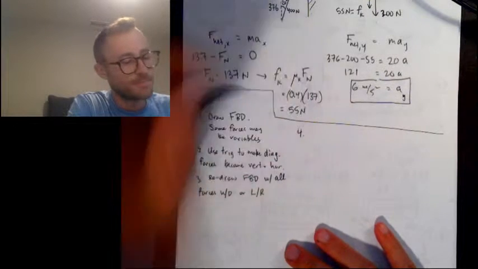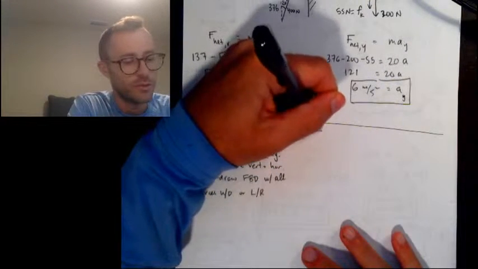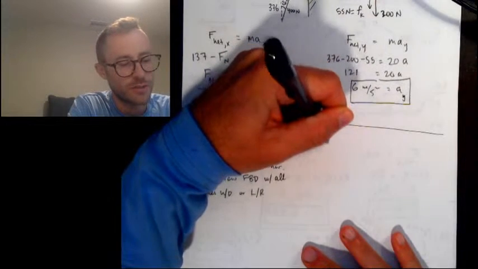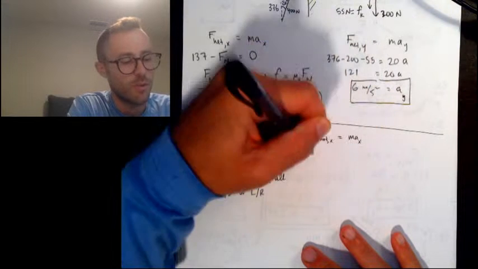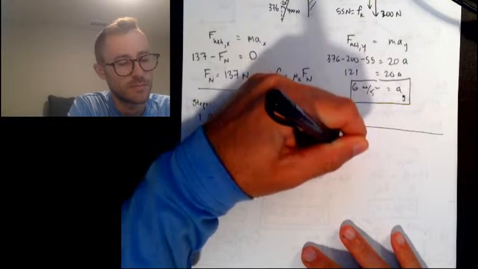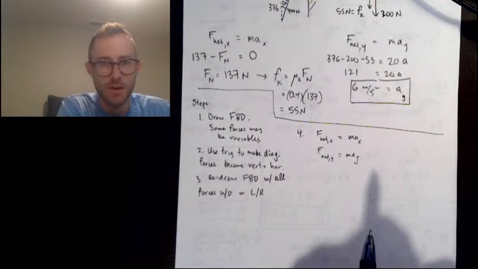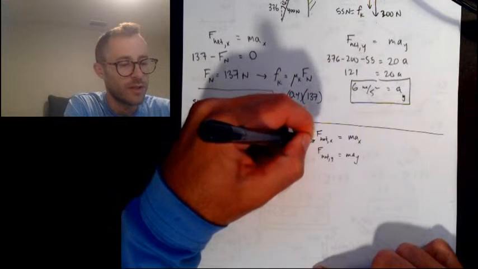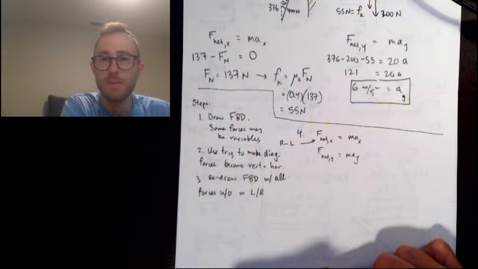Then what we do is we do Newton's second law in the x direction, and we do Newton's second law in the y direction. Usually one of those two is going to be 0. And remember, the net force in the x direction is right forces minus left forces.